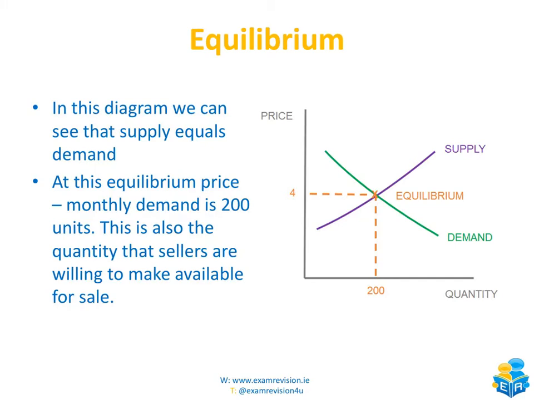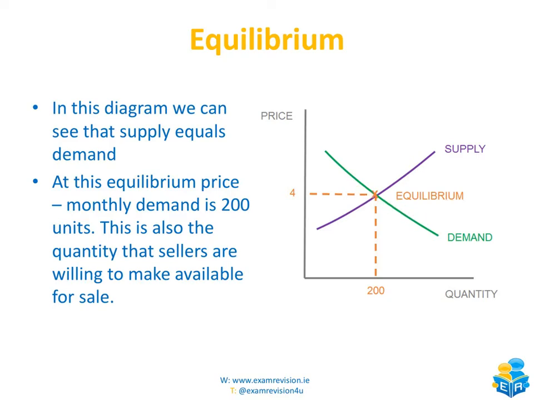As we can see from this diagram, supply is equal to demand. At this point here, demand and supply are meeting together, and in this example, the price is €4 and the quantity demanded is 200. At that price is when the supply and the demand intersect.